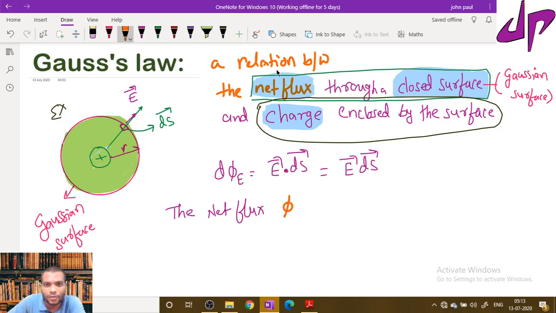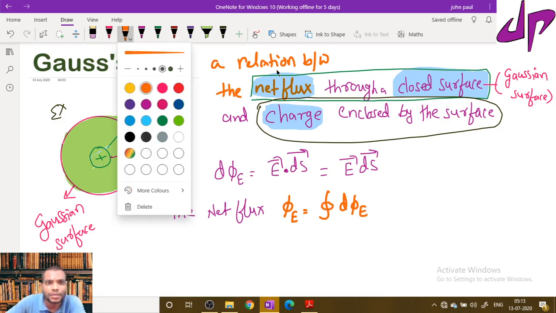The total flux phi E equals the integral of d phi E, and this integration is special, so we call it a closed integral.